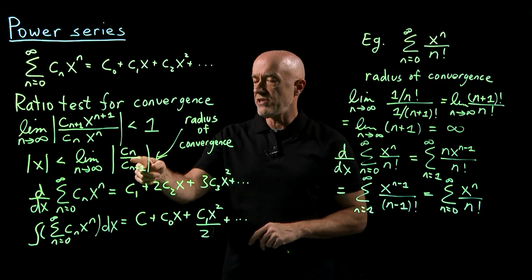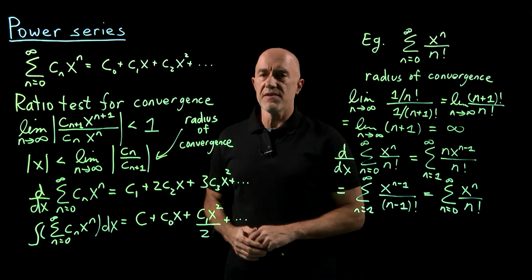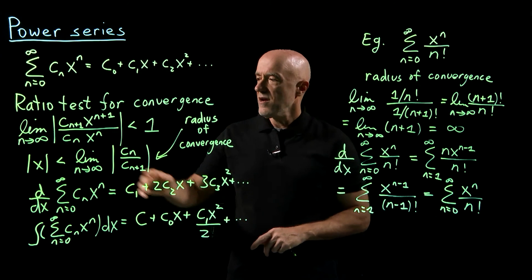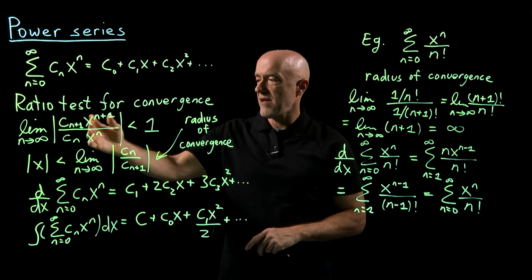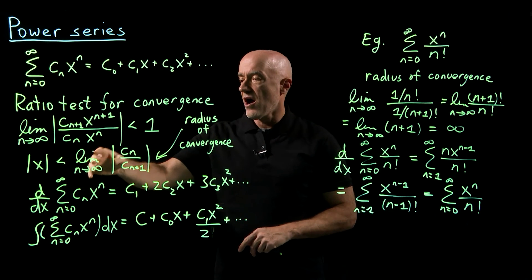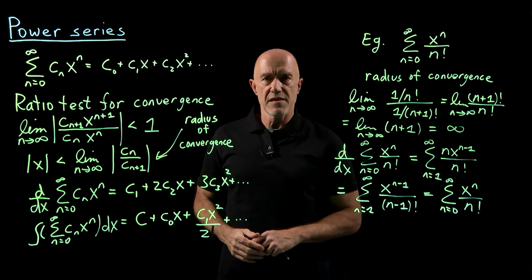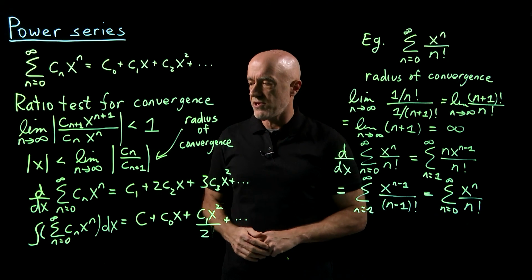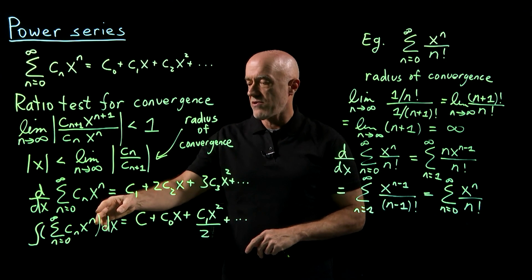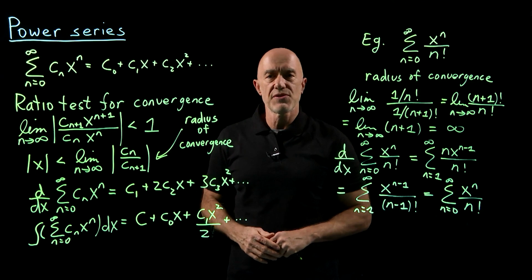We call this ratio the radius of convergence. When the values of x are less than the radius of convergence, if we differentiate the power series, we can do it term by term. If we integrate the power series, we can also do it term by term.